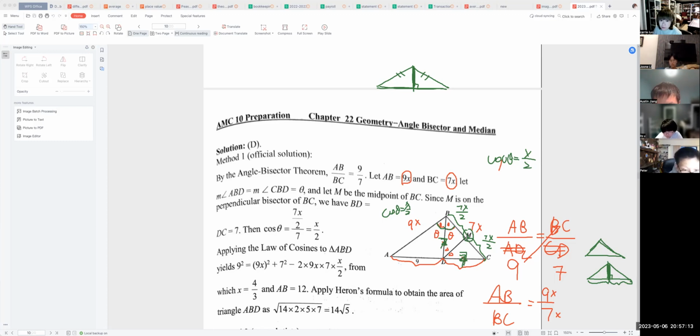So applying the law of cosines, we get 9 squared. This one is the opposite side, right? The opposite squared equals the hypotenuse squared plus the adjacent squared minus 2 times hypotenuse times adjacent times cosine.